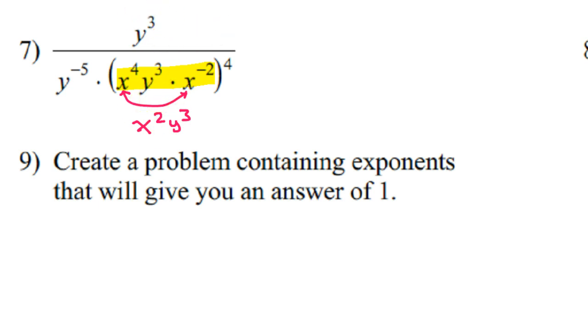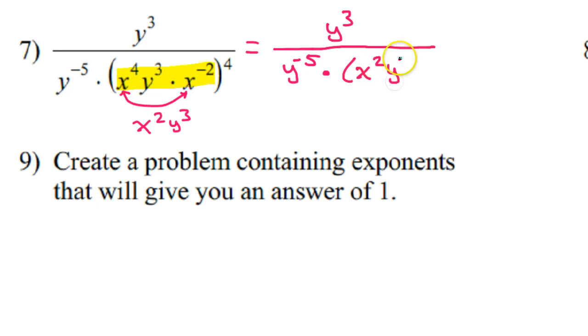Okay, so if I were to recopy that, which I think I will. So far I have that y to the 3rd power. I have this y to the negative 5. And now I have x squared y to the 3rd power to the 4th power.